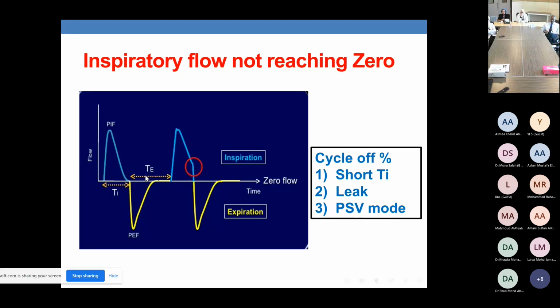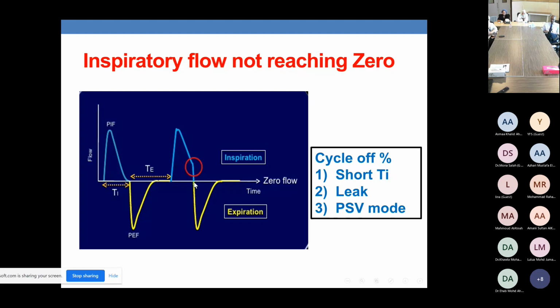But if you are not putting the baby on pressure support mode from the beginning, it means that it is either a short I time, so you are not giving enough time. And if there is not enough time, it means you have high resistance, because we said the I time is 3 time constants, and the time constant equals the compliance multiplied by resistance. So if there is high resistance due to secretions, kinking in the ET tube, or a displaced ET tube, this will cause high resistance, meaning that it will show up as a short I time.